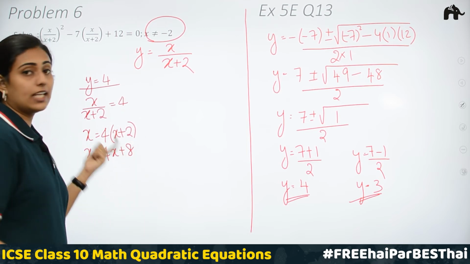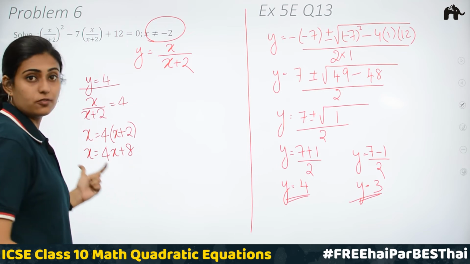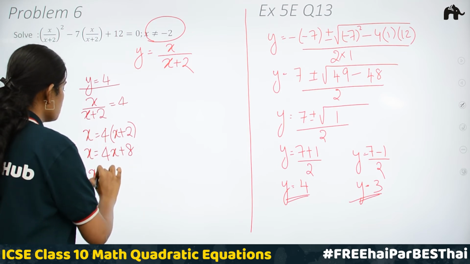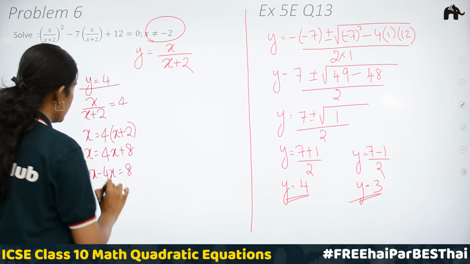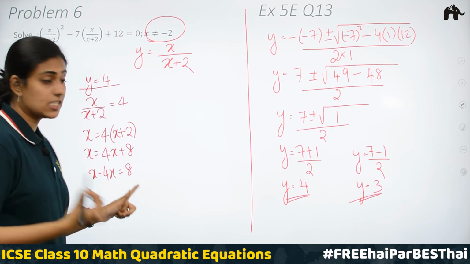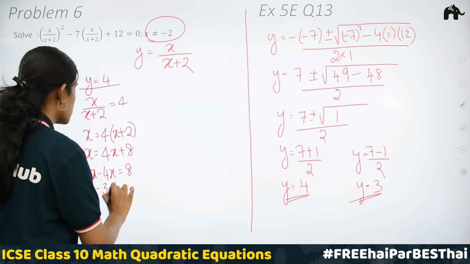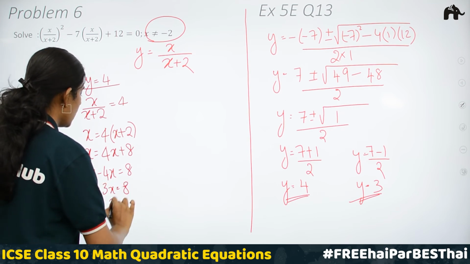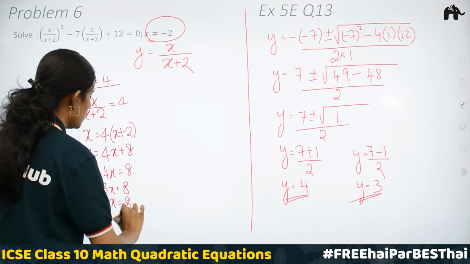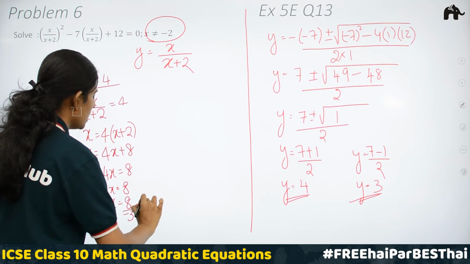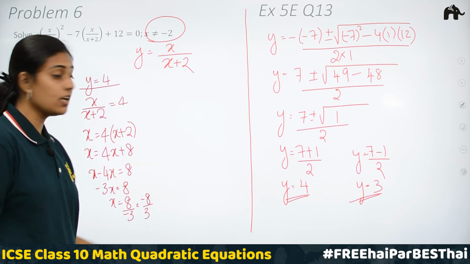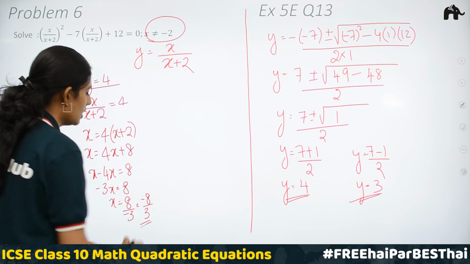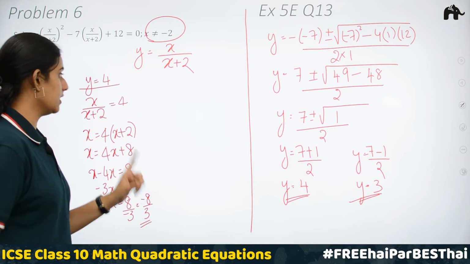Taking all x containing terms to one side, x minus 4x is equal to 8. X minus 4x is minus 3x. Minus 3x is equal to 8, or x is equal to 8 by minus 3, which is minus 8 by 3. When you have a negative sign, take it to the numerator. X is equal to minus 8 by 3.